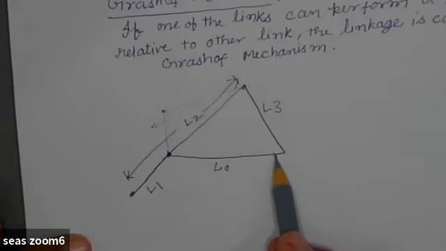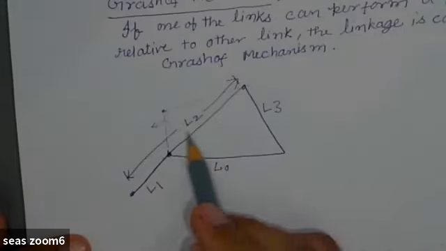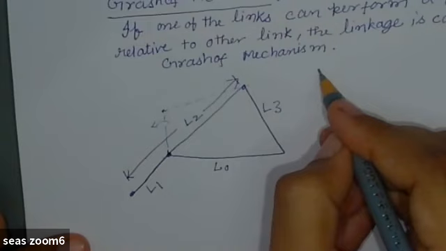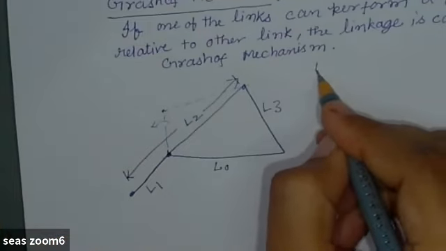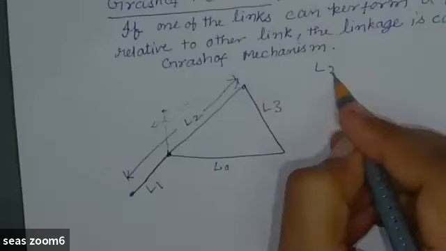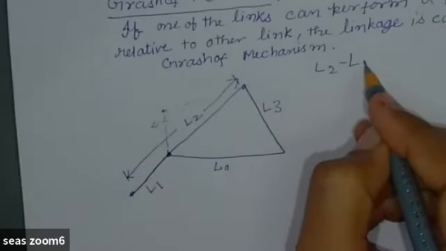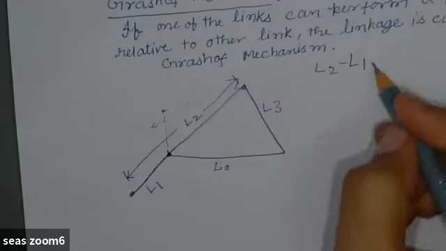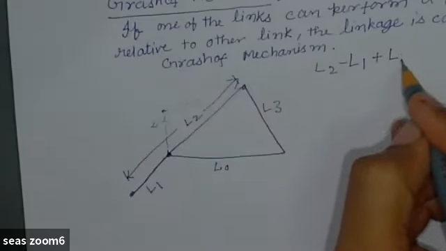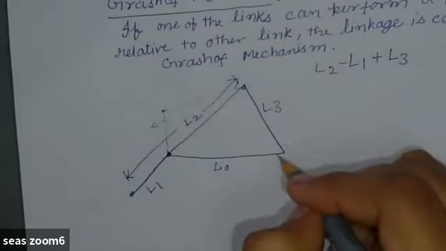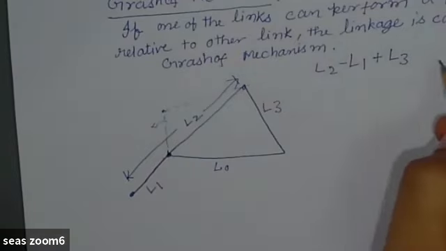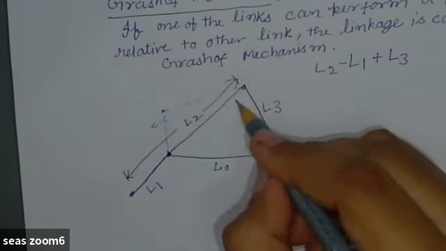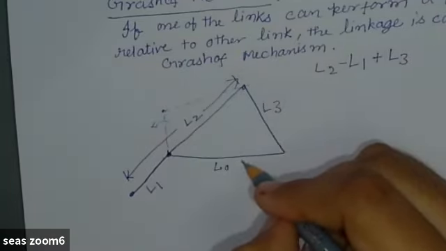So if you consider this triangle here, the simple triangle rule says that L2 minus L1, this arm, plus any other arm of this triangle, let's say L3, the sum of this arm plus this arm must be greater than this.